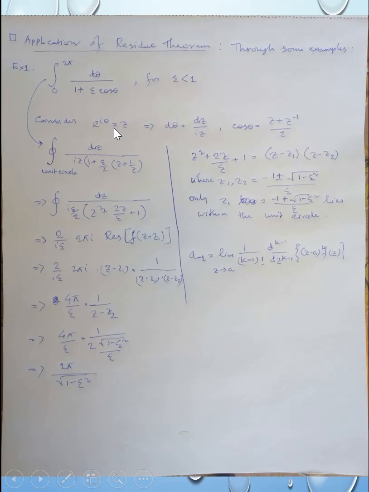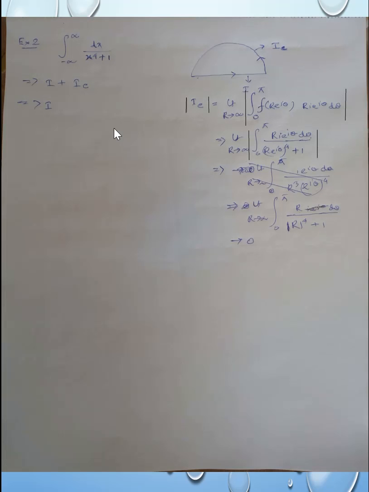Okay, now we will go to the next problem. The function is 1 by x to the power 4 plus 1. For this type of problem you have to consider a semicircle contour. Here you can see that I have drawn a semicircle contour.